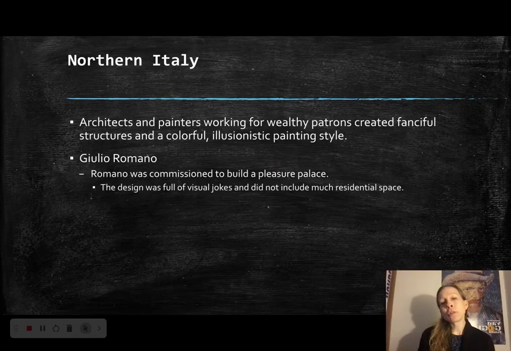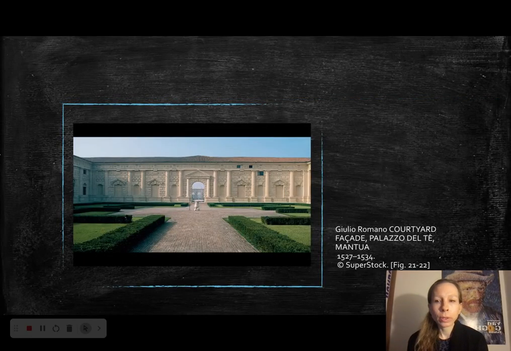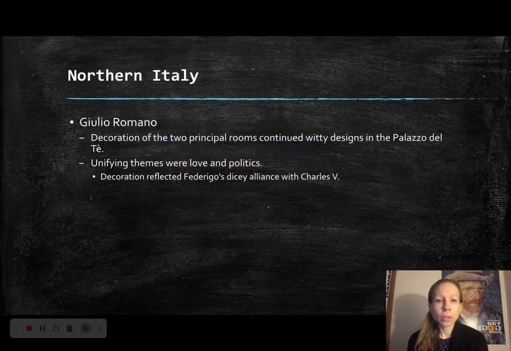In northern Italy, architects and painters worked for wealthy patrons, and they created fanciful structures and a colorful, illusionistic painting style. Giulio Romano was commissioned to build a pleasure palace, and the design was full of visual jokes and did not include much residential space. And there's the courtyard.